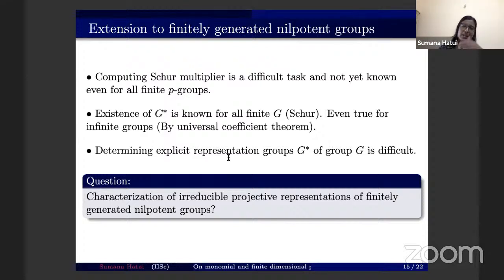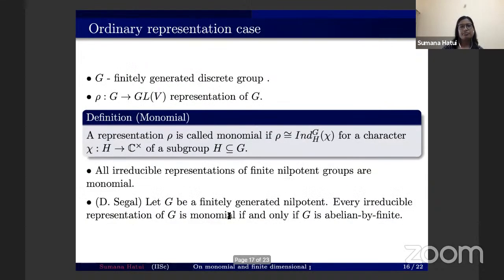Another thing which we need is the existence of G star. The existence of a representation group is known for finite, even for infinite groups also, but explicitly computing this representation group is also a difficult task. So how can we then characterize the irreducible projective representations of finitely generated nilpotent groups?